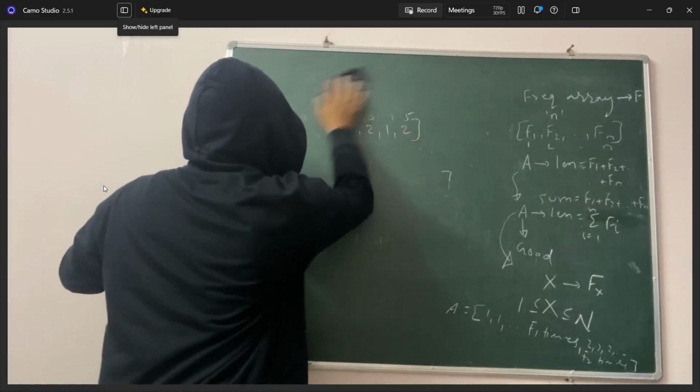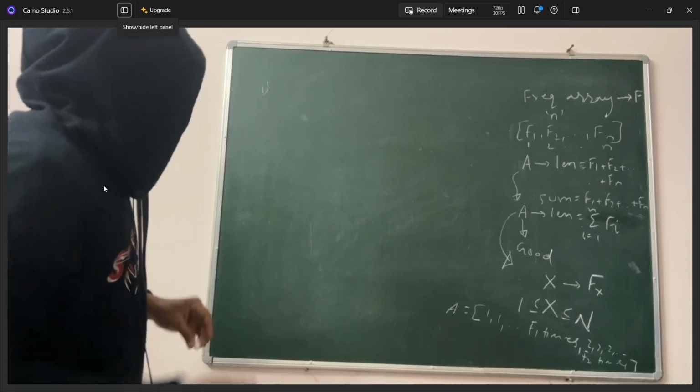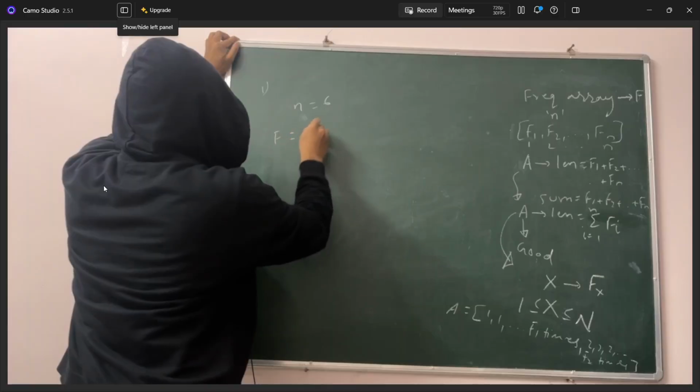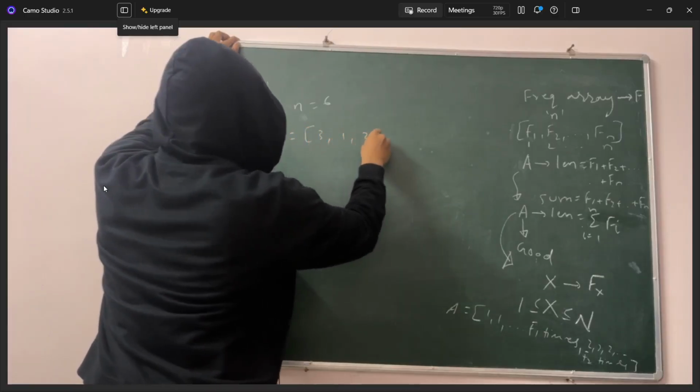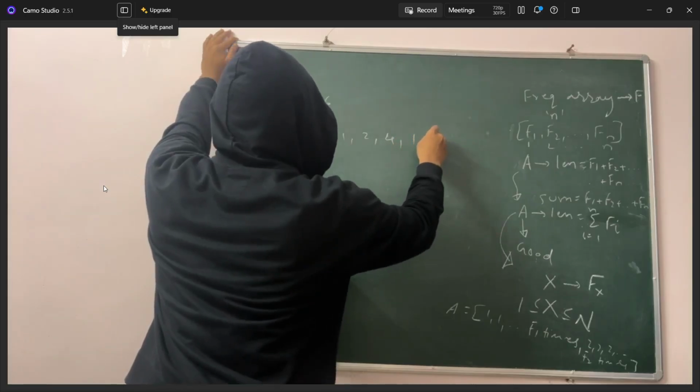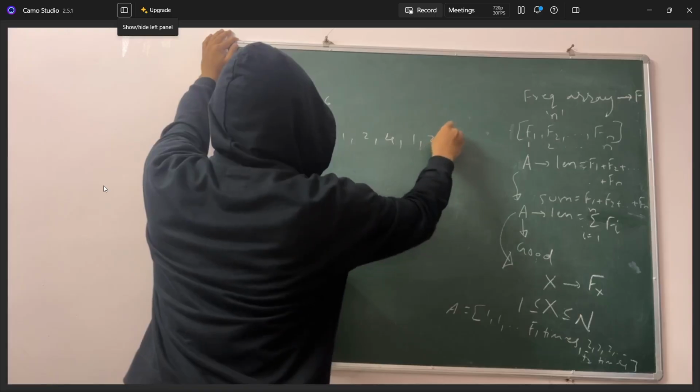So you take multiple examples, and you can take frequencies the other way around also. Let me take one more example. N as 6, and the frequency is 3 1 2 4 1 2.